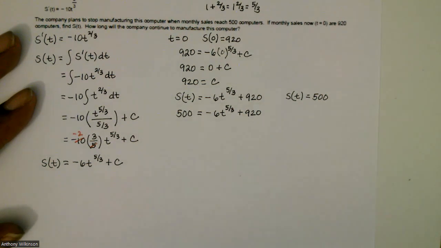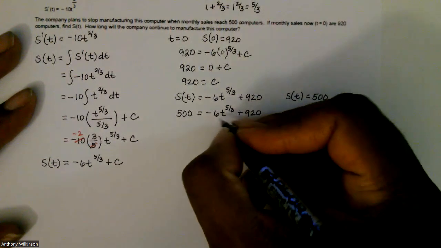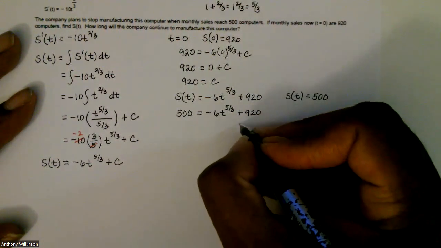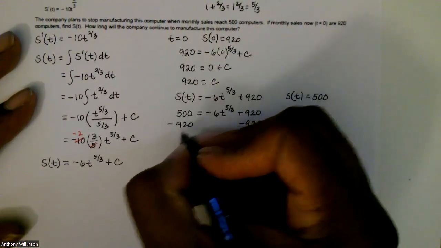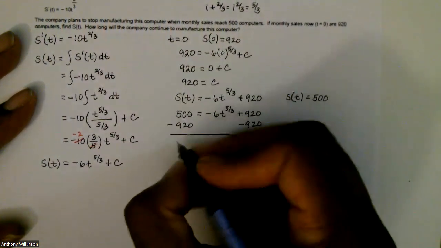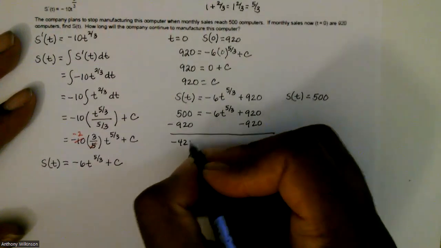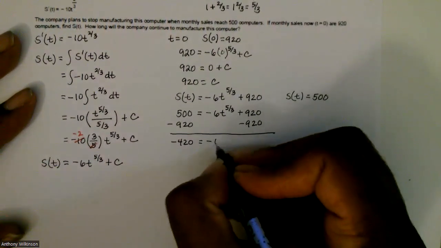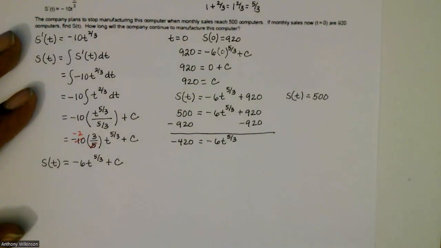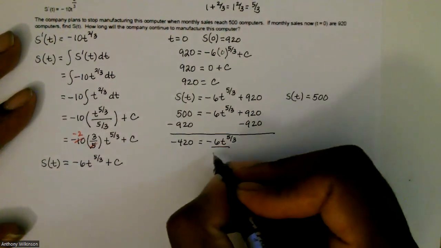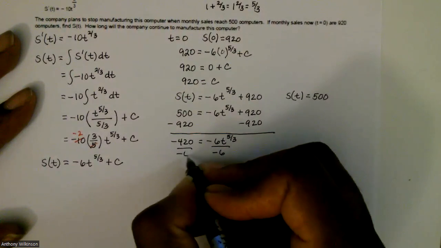Now to solve for t, or to get this exponential part by itself, we need to subtract 920 from both sides. So that means I have negative 420 equals negative 6t to the 5/3. And then the next step would be to divide both sides by negative 6.